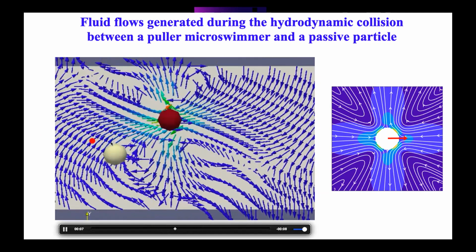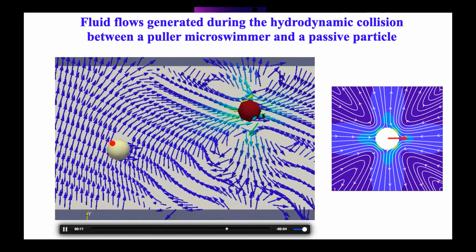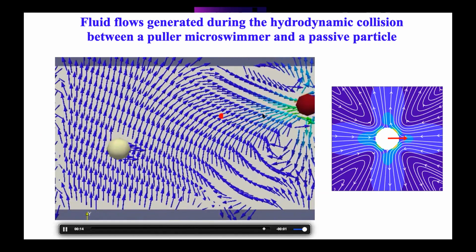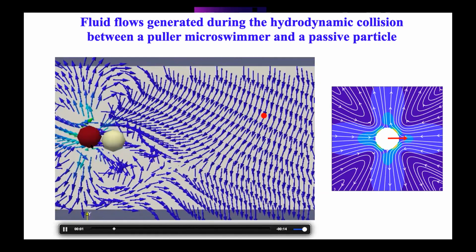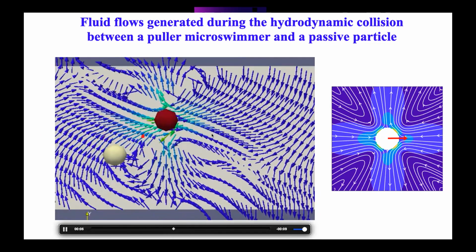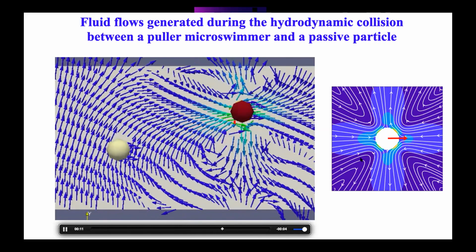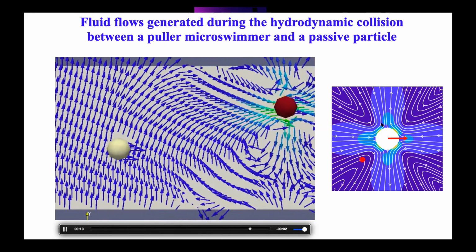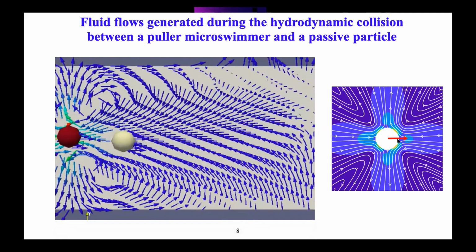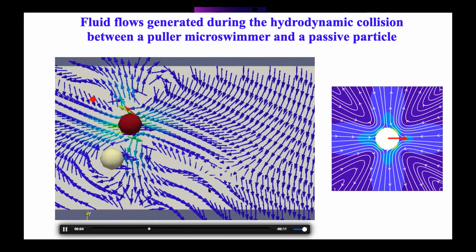And after the closest approach, the microswimmer escapes from the passive particle and moves away from it. The flow field is continuously changing, and it is different from the flow field that a single microswimmer would generate in the unbounded fluid, which I have shown on the right hand side. So this entire process is called the hydrodynamic collision process.